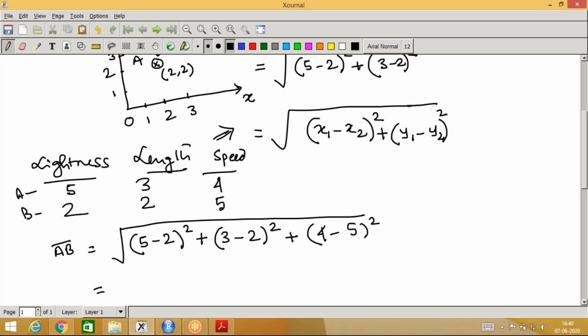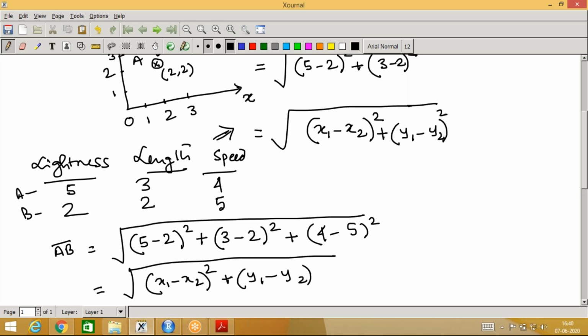Or in other words, (x1 minus x2) squared plus (y1 minus y2) squared plus (z1 minus z2) squared. That is how we measure the distance between two objects A and B. Are you with me up to this point? Are you with me on how to measure the distance?